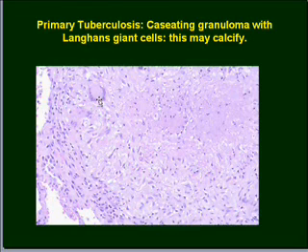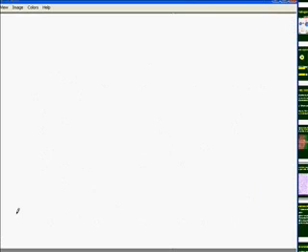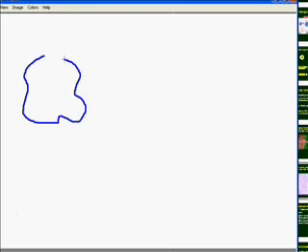Here I would like to just give you an idea how the epithelioid cell looks. Remember, when you discuss a macrophage, it is a large cell like this, and within the macrophage we can get a round nucleus. Now once it becomes an epithelioid cell, what happens?